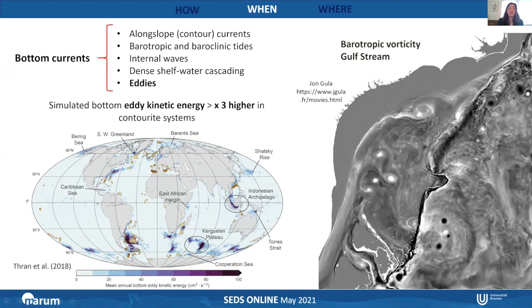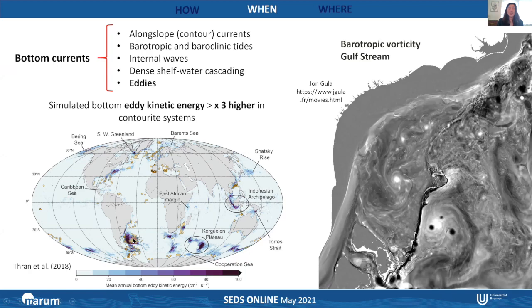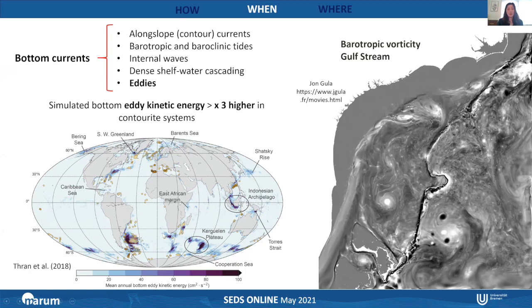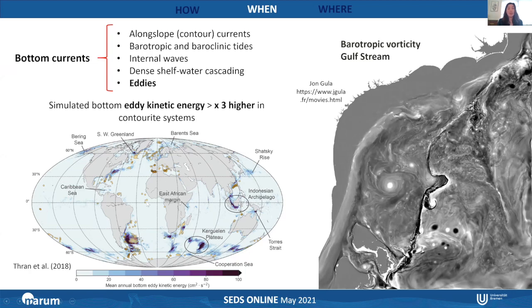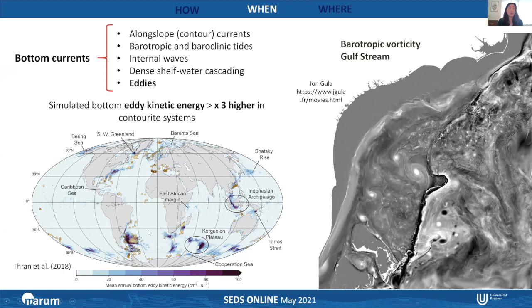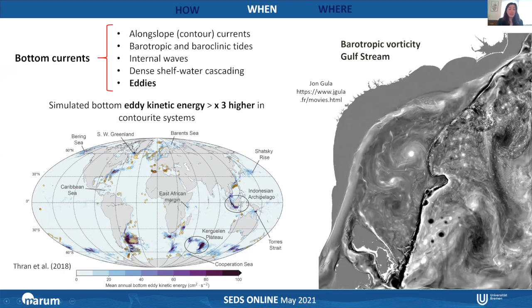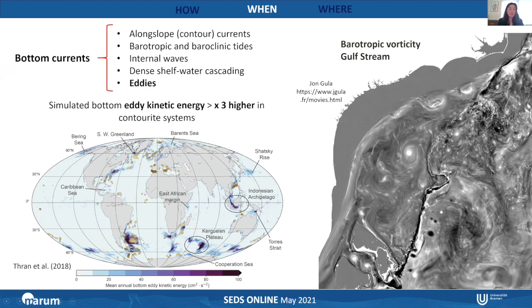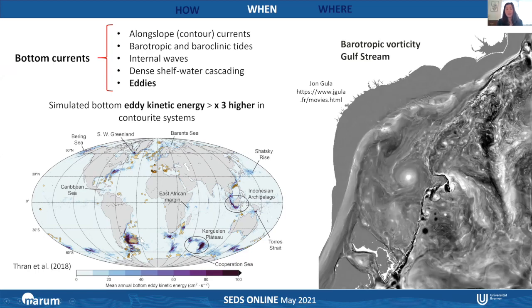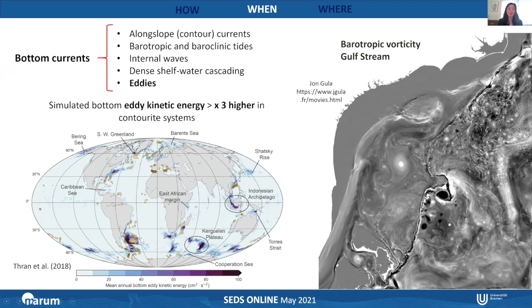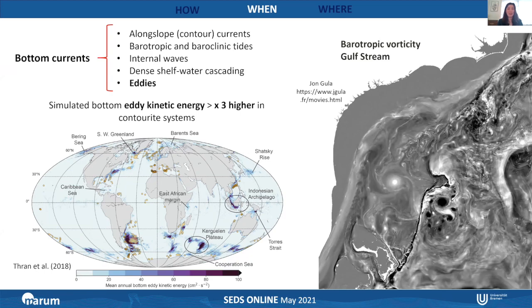Actually, this eddy kinetic energy is much higher in the zones of contourite systems, these yellow zones, than in the rest of the ocean. So it seems that the contourites are especially formed in zones where currents are not very continuous and persistent, but there is a high variability.